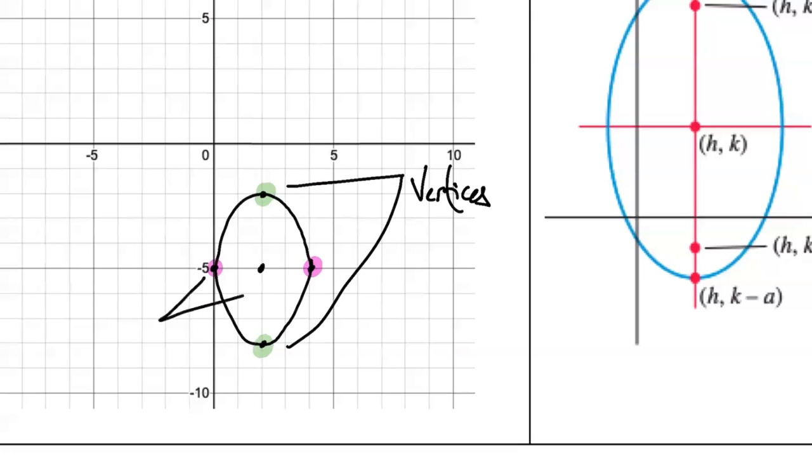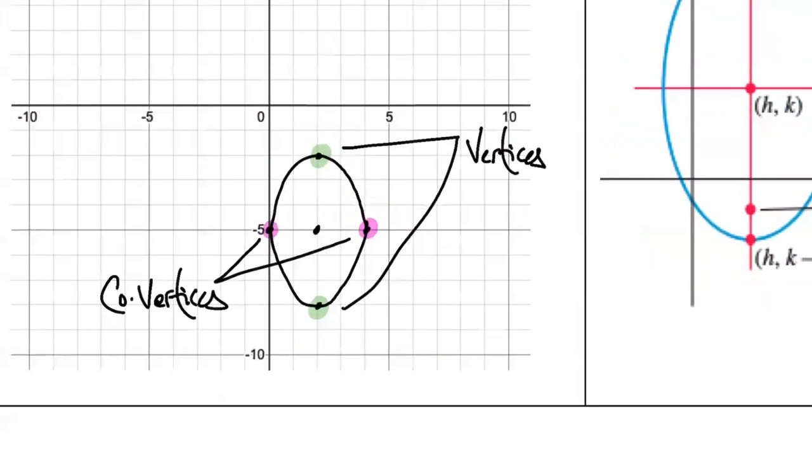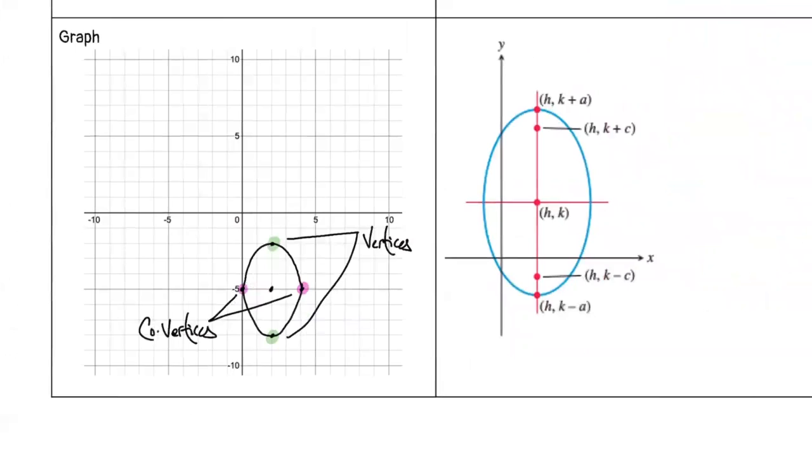The ones that are closer to the center are the co-vertices. Okay. So we're going to learn a lot of vocabulary, and I think it can get very overwhelming. But if you can look at a picture and say, these ones are further away, those are your vertices. And if you can look at a picture and be like, oh, these ones are closer, those are your co-vertices.